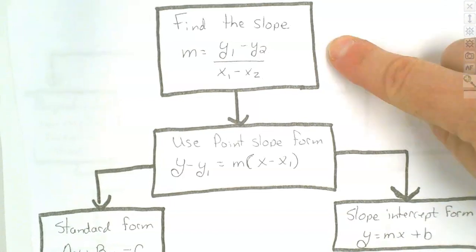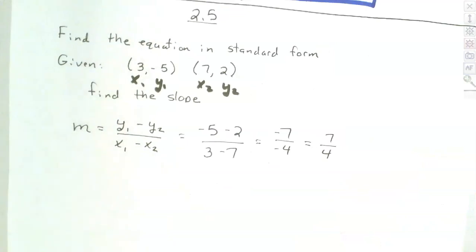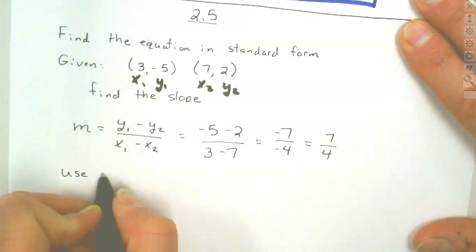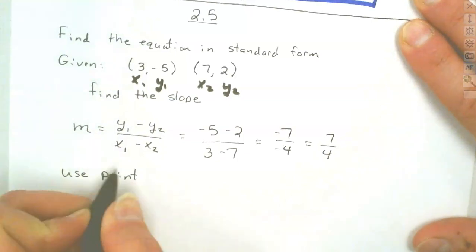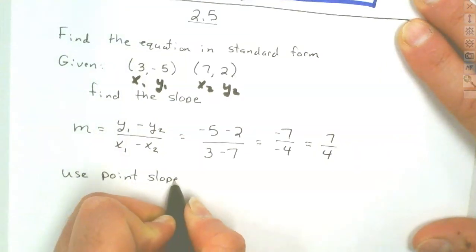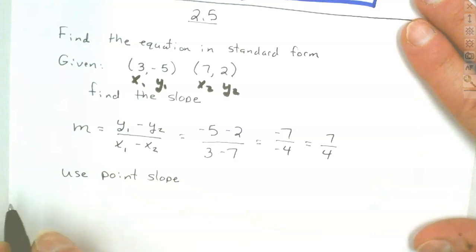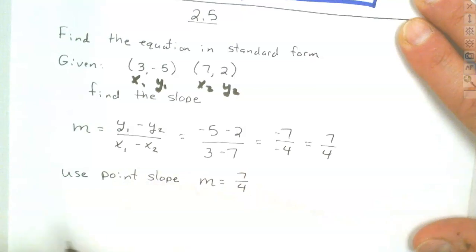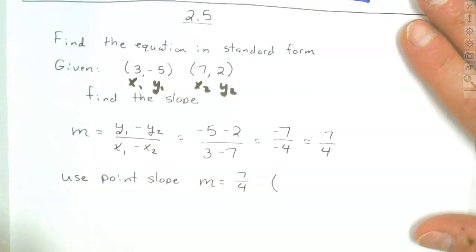So now we're here. We're going to move to here. So now we use our point slope formula. And we're going to use our point slope formula with our m of 7/4. And we're going to use either of those ordered pairs. It doesn't matter which one.